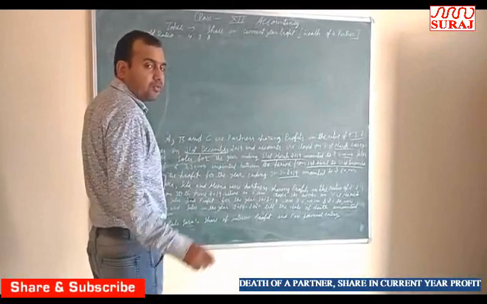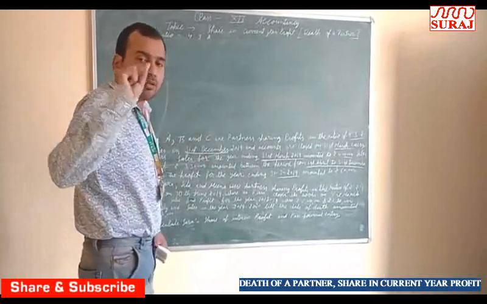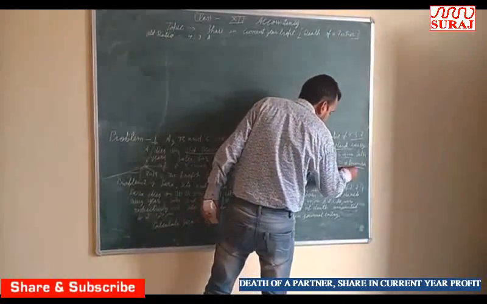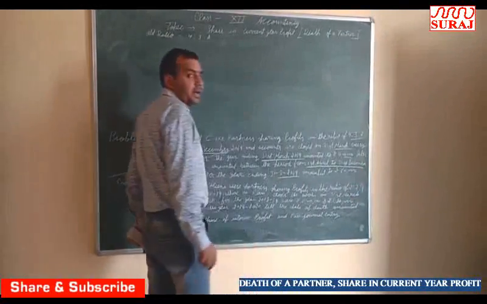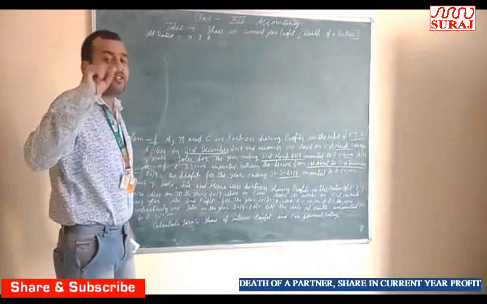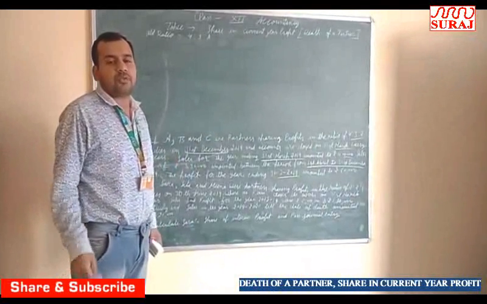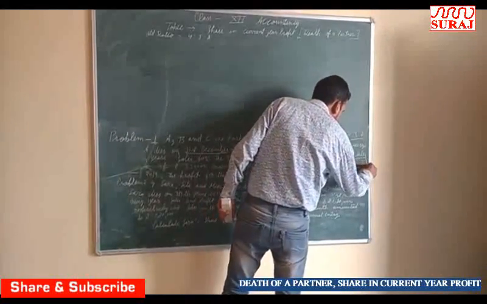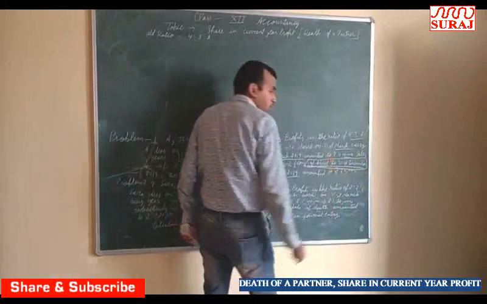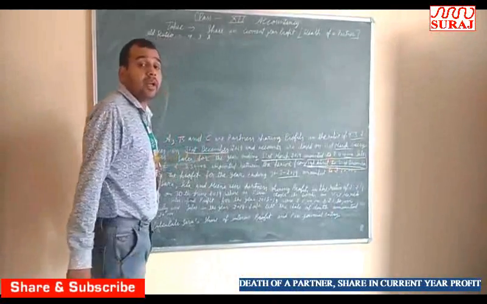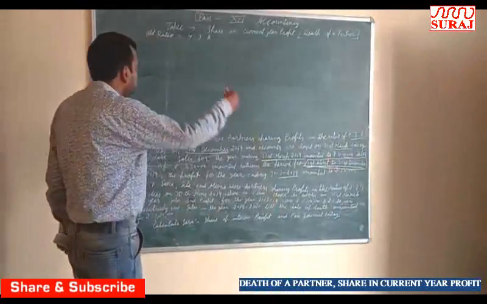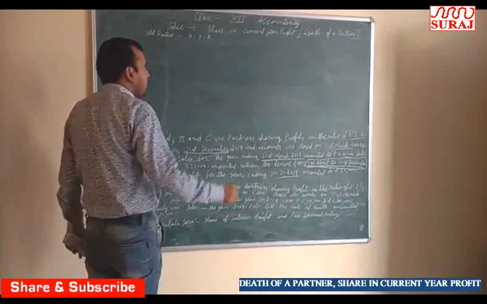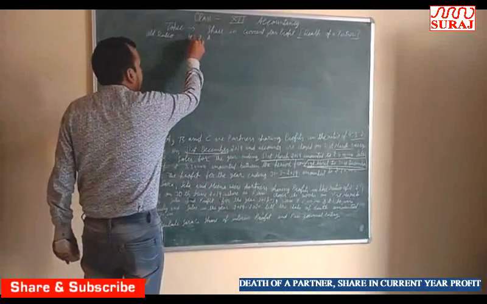First of all, I will calculate the profit from 1st April to 31st December 2019. How do we calculate it? Let's come to the blackboard. Dear friends, only A died; nothing else is given.